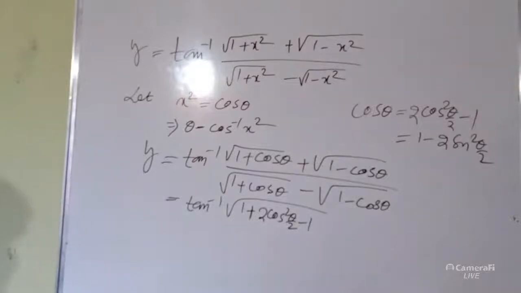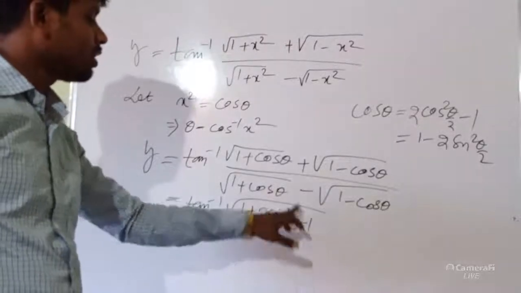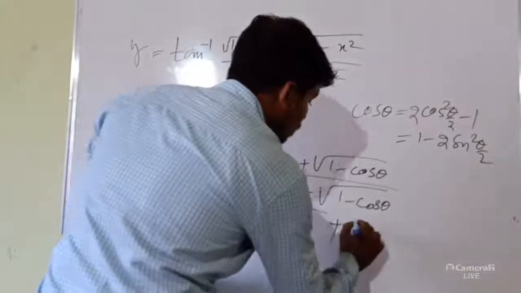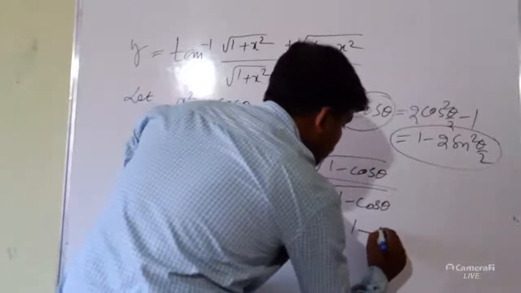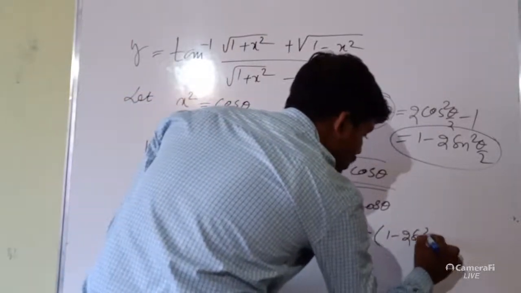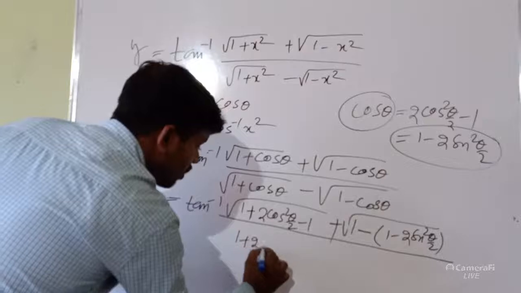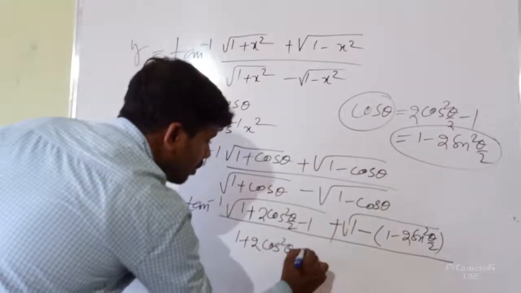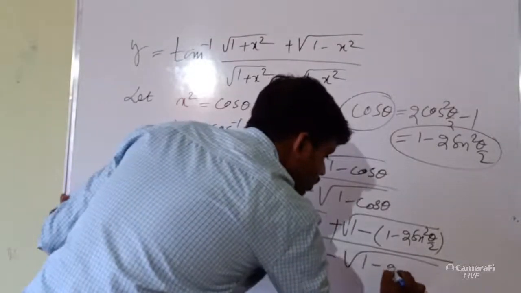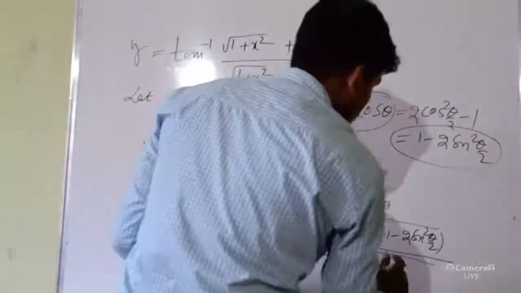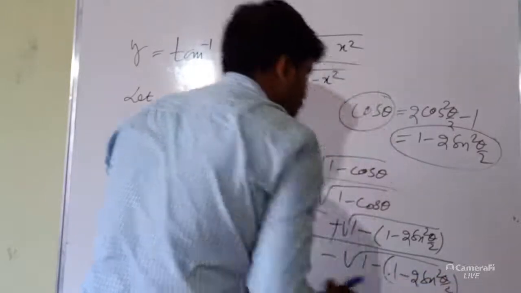So we use 2 cos square theta by 2 minus 1 in the place of cos theta in the first term, and 1 minus 2 sin square theta by 2 in the place of cos theta in the second, and the same in the denominator. Okay.